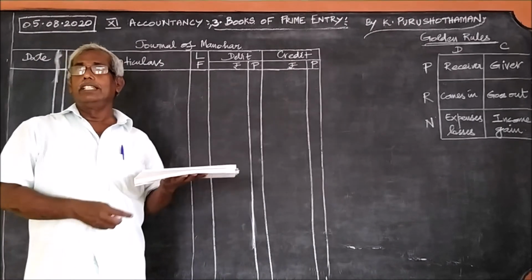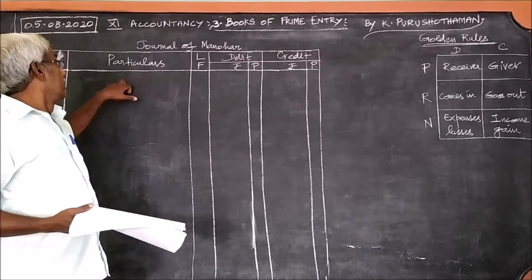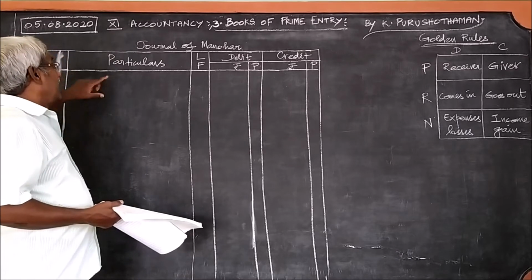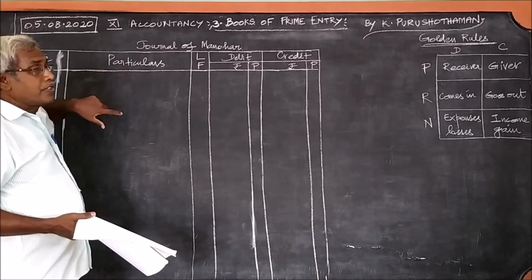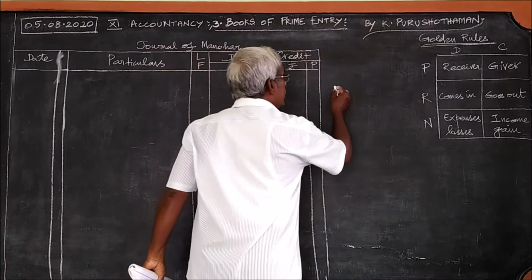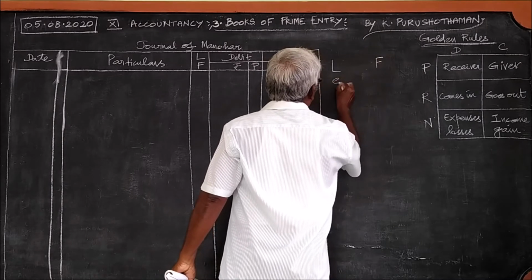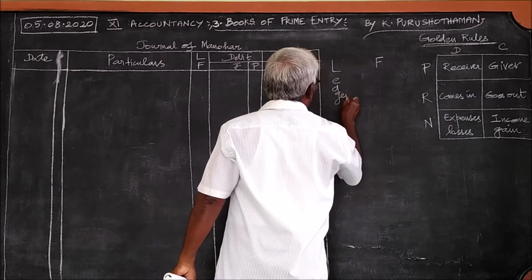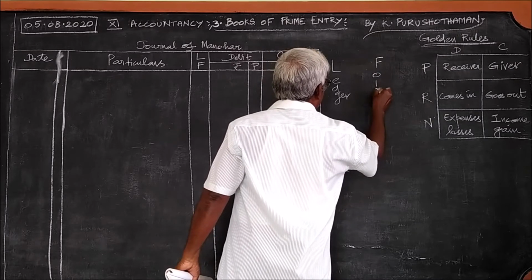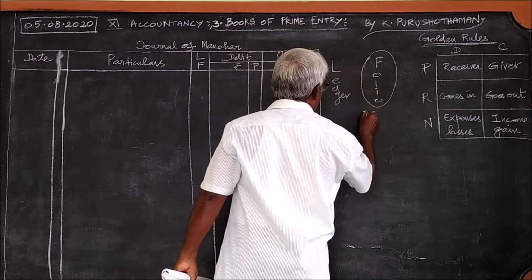Under this journal, there is a column for date and another column for particulars. Third column for ledger folio, LF. Folio in the sense page number.